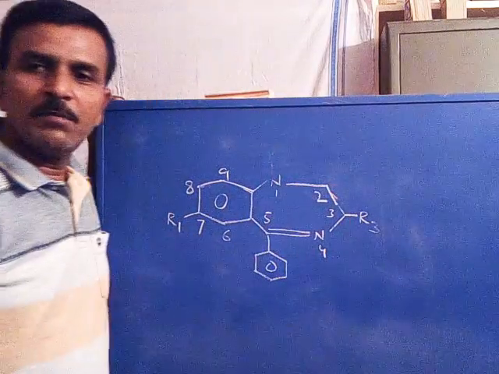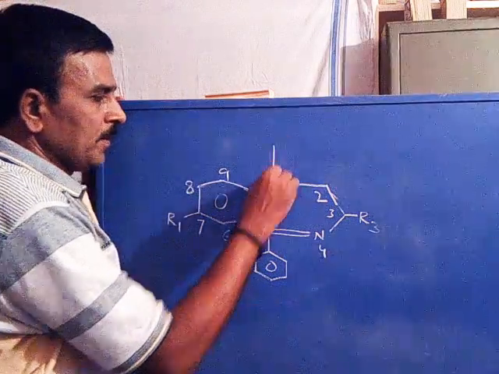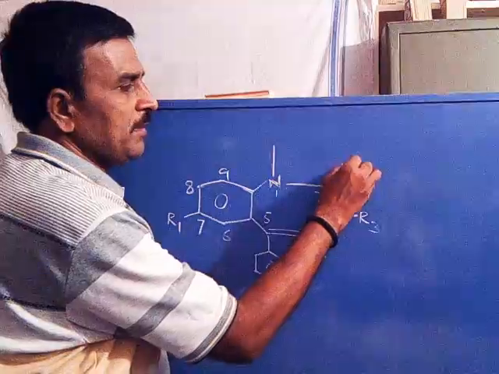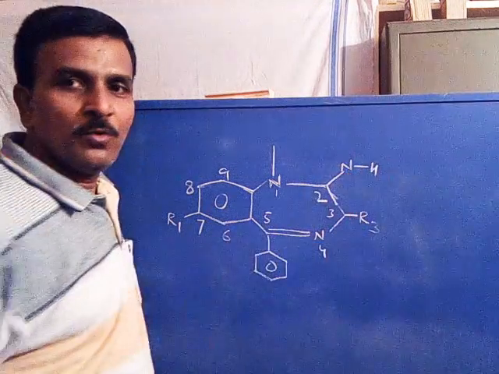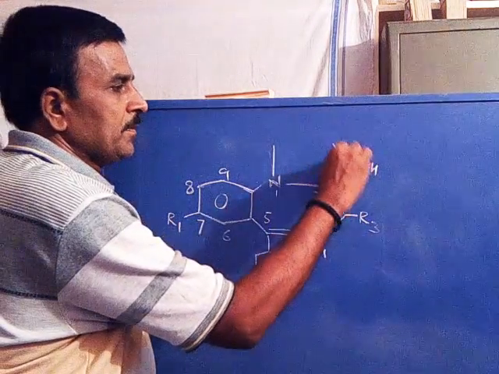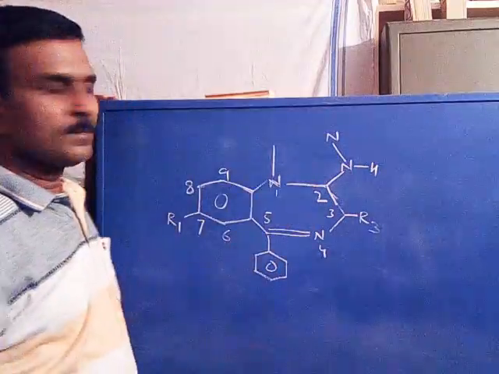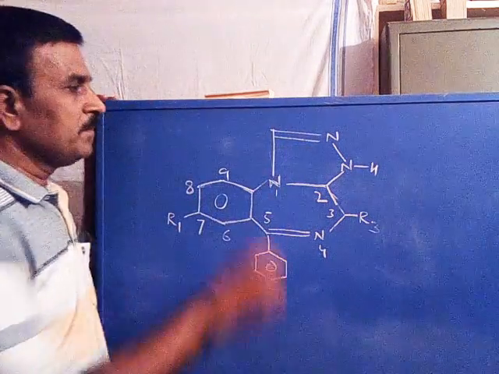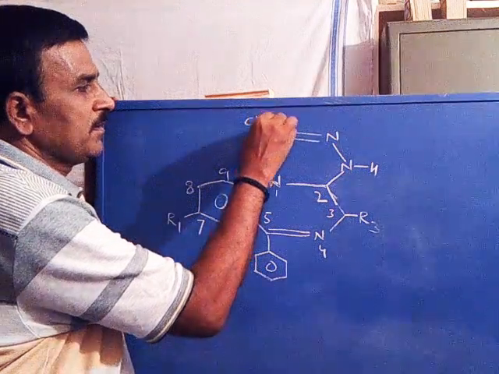so this is second carbon. Now a nitrogen and a C double bond O group. This is NH group. This is nitrogen, double bond nitrogen, a CH3.